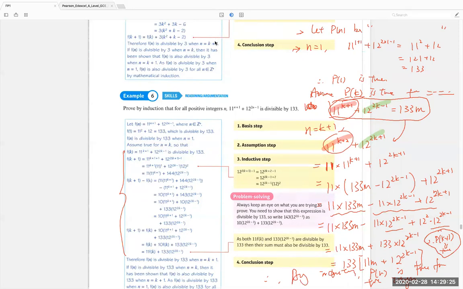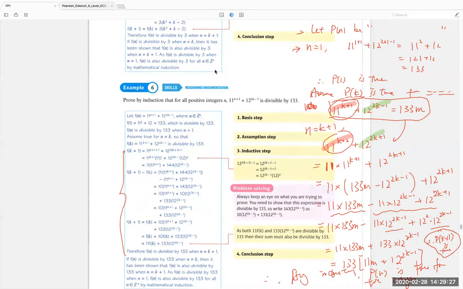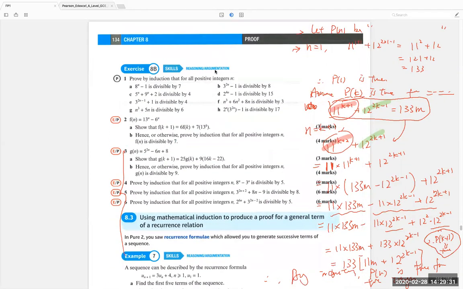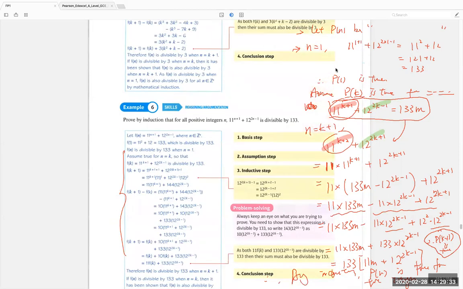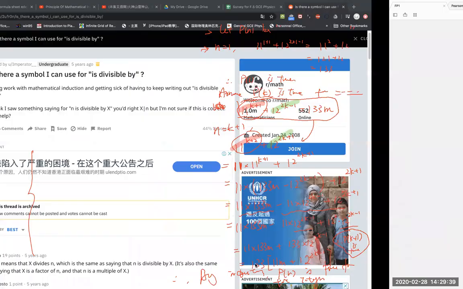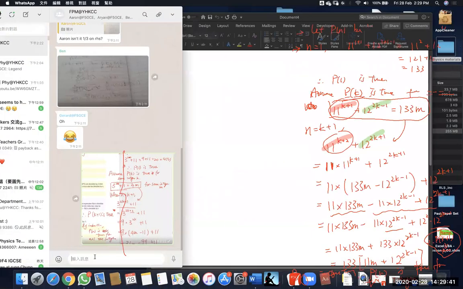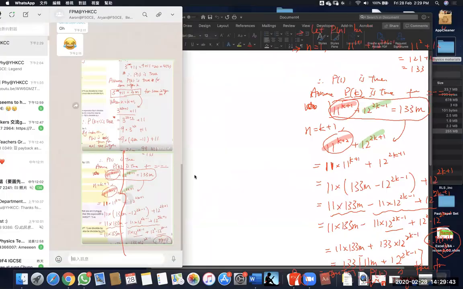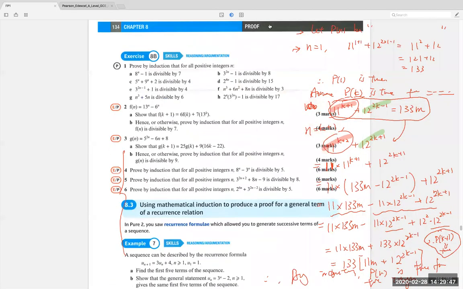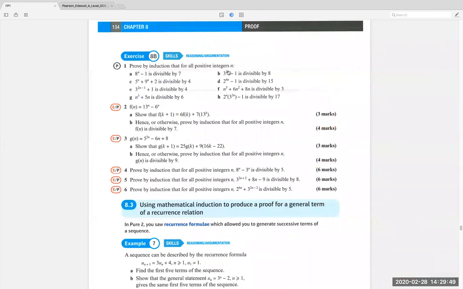So the next one, of course, do it by yourself. Let's do one question by yourself. Okay, let me share the screen. And then let's go on. Which one would you like to do?